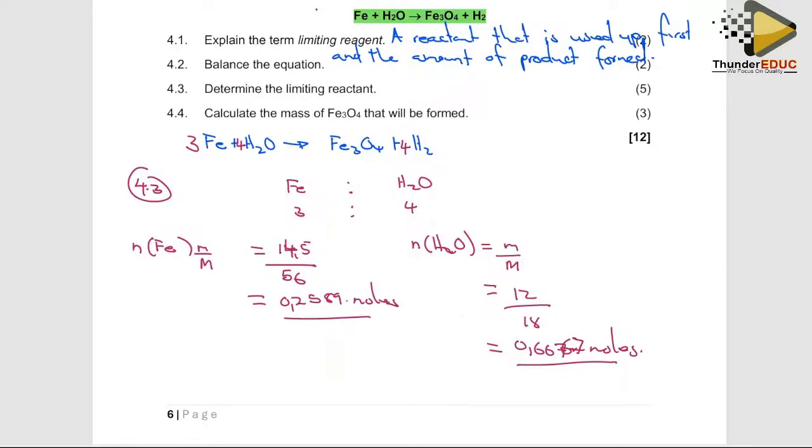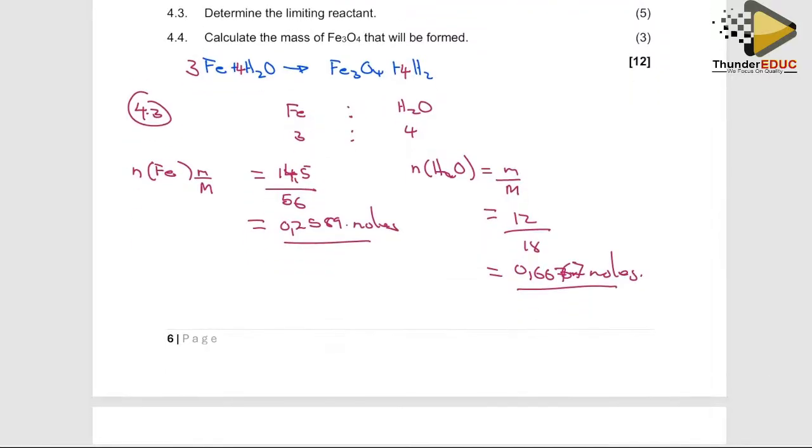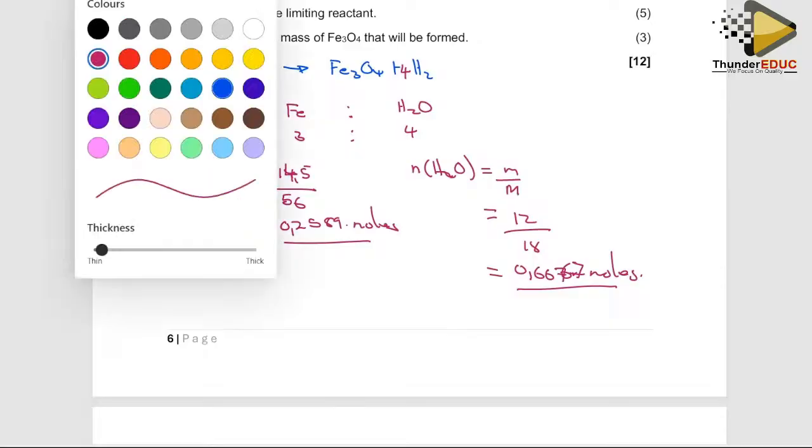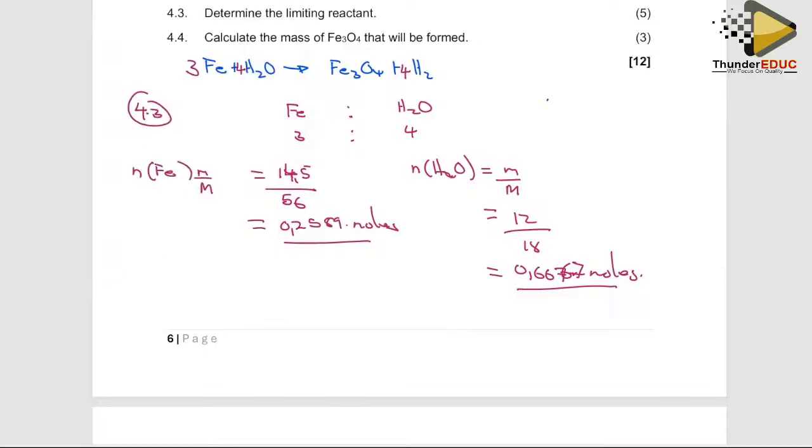Then after that, I'm going to compare the mole ratio again. I'm going to compare the mole ratio between my iron and my H2O. Let me use a different color so that it can be easy for me to identify these ones. I'm going to have my Fe versus my H2O.